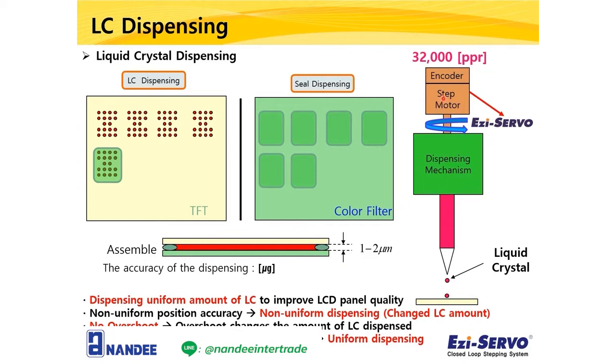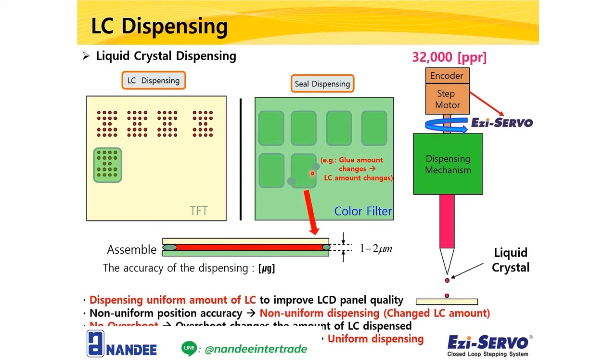In addition, in order to bond the panel and the color filter, the glue must be uniformly applied to the color filter. If this glue is applied more on one side and less on the other side, as you can see, the applied part is not straight.